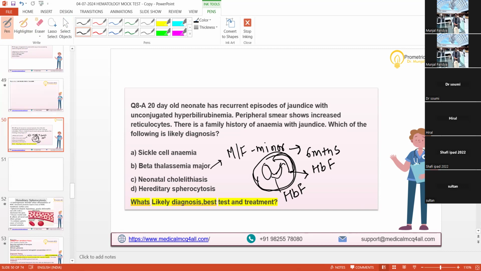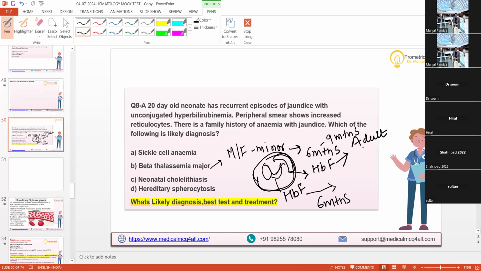Even after birth, when the baby is delivered, up to 6 months this chain remains HbF only. After 6 months, it converts into hemoglobin A, that is adult hemoglobin. This shift of the chain usually occurs at 6 to 9 months.